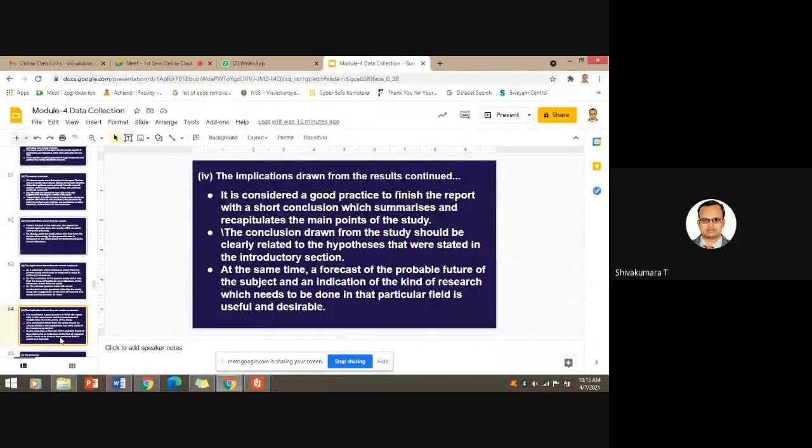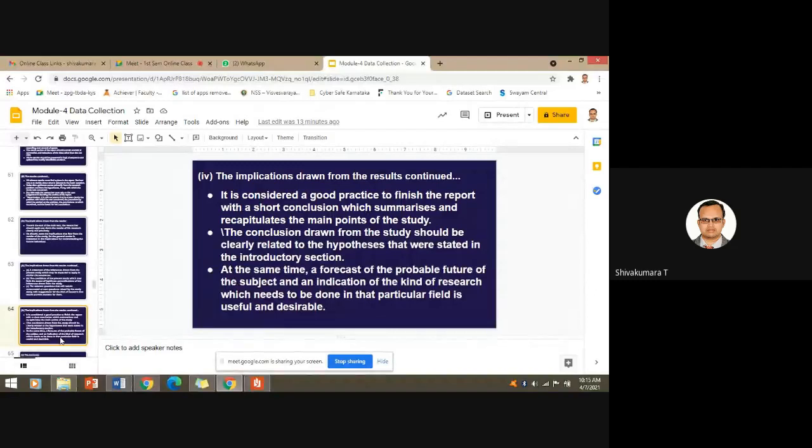Then you discussed the results elaborately in the lengthier chapters. Then you selected the implications. In the implications, it is recommended that the gist of the entire work done by you be explained here in technical words.